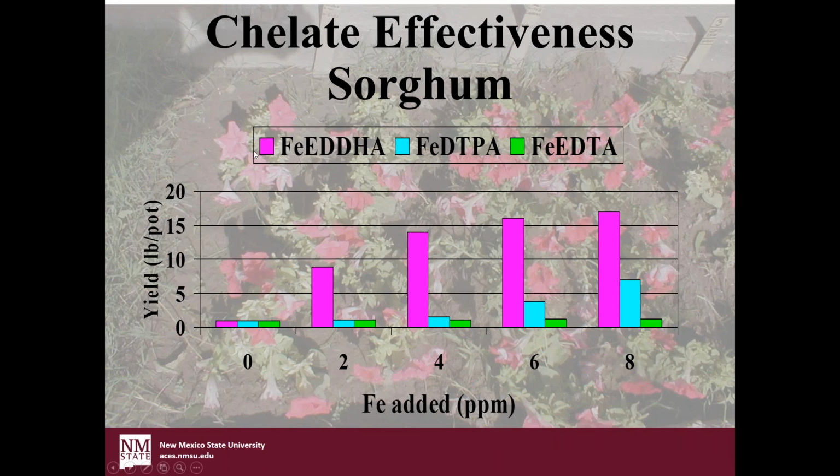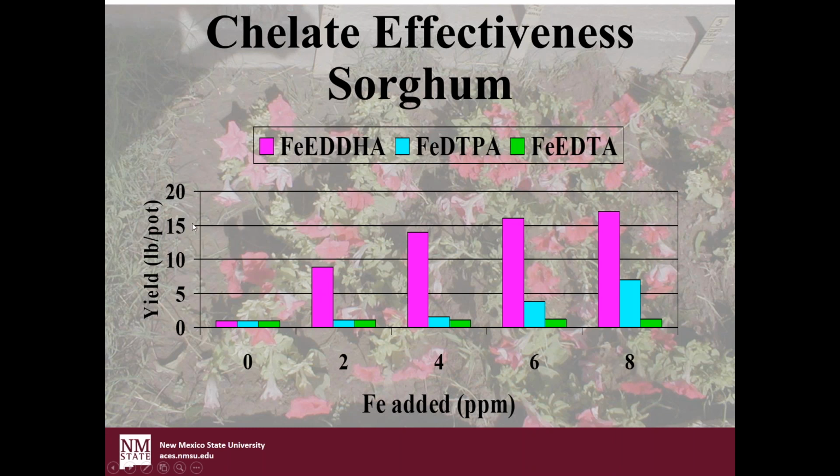But of the other tests that were done in New Mexico on these products early on, one showed with sorghum on a very high pH soil, they put the 3 different chelates out, and you can pretty much tell that with 2 parts per million of EDDHA, you start to see a response in yield.